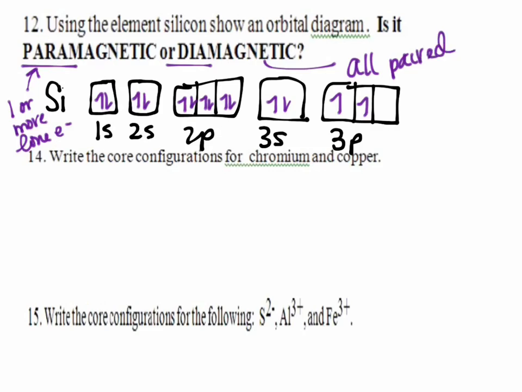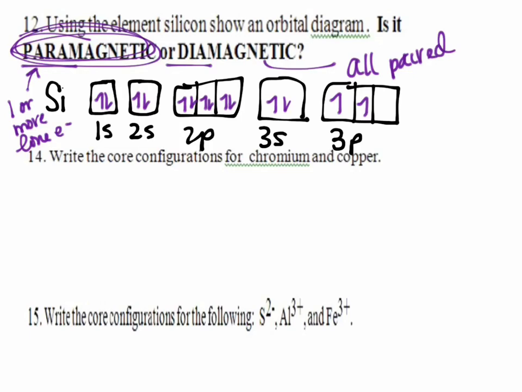So we're paramagnetic. Why is it called paramagnetic? I think it has to do with the spins of the electrons.